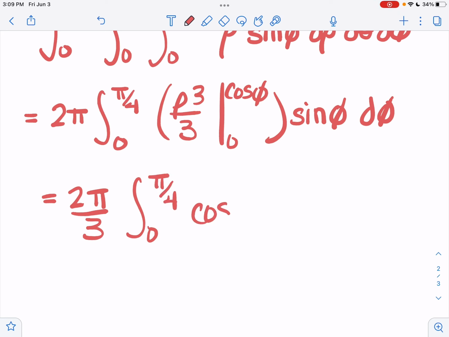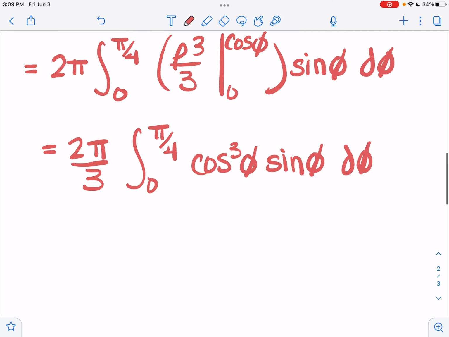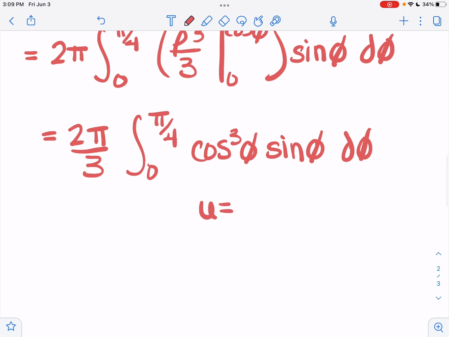I have a cosine cubed phi times sine phi d phi. We can do this with a u substitution. u equals cosine phi, then du is minus sine phi d phi.